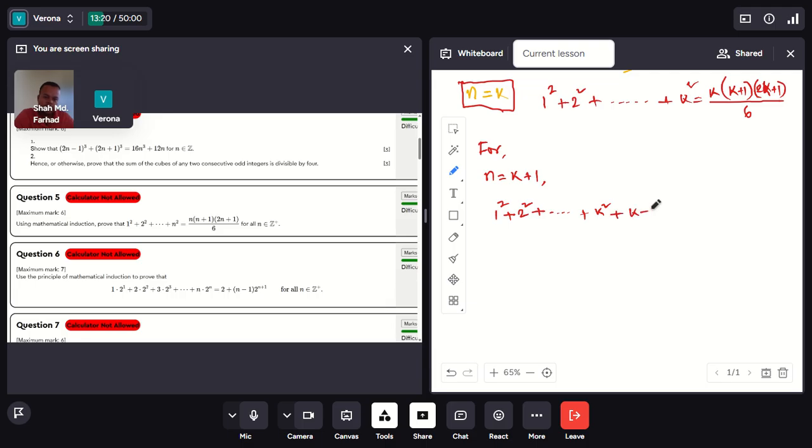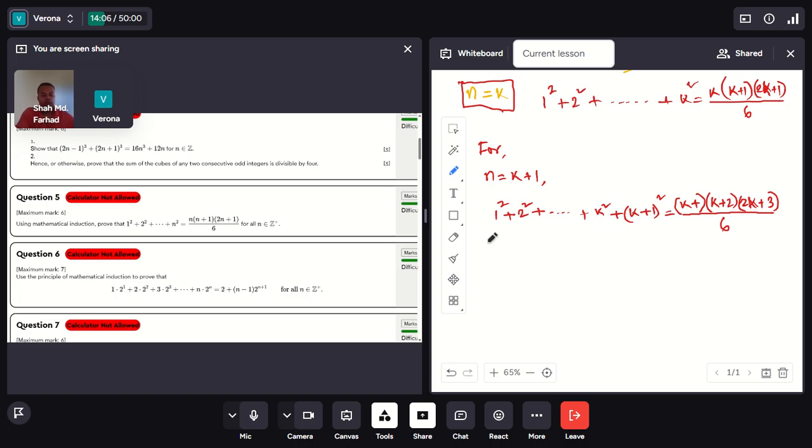Here k is substituted by k plus 1, so we get k plus 1, then k plus 2, then 2k plus 2, which is 2k plus 3, over 6.